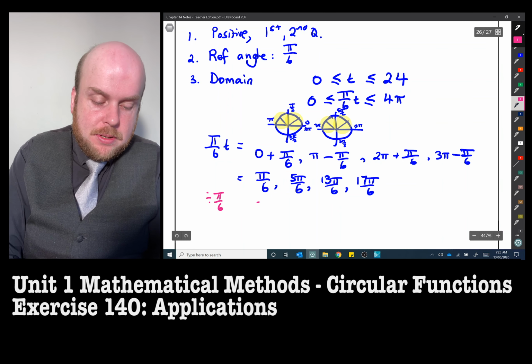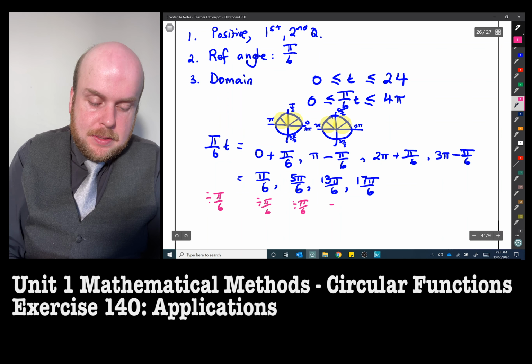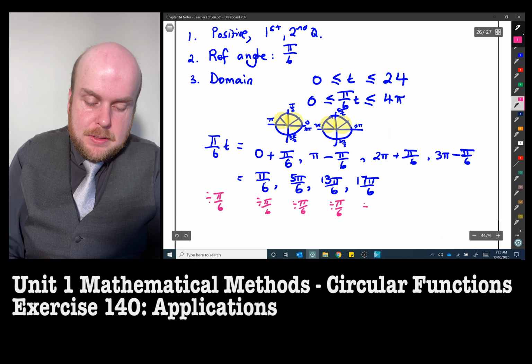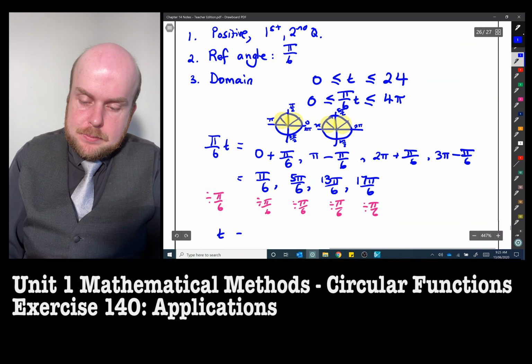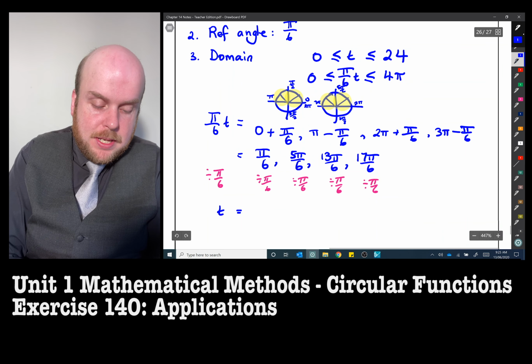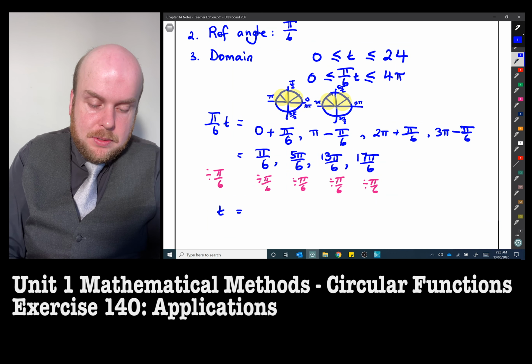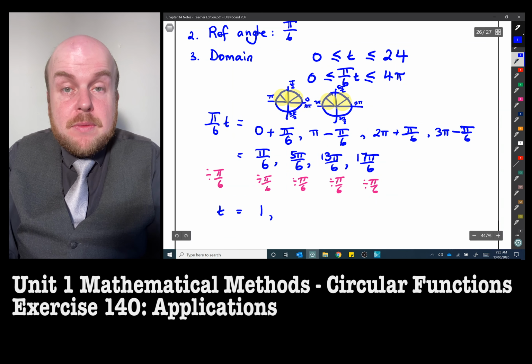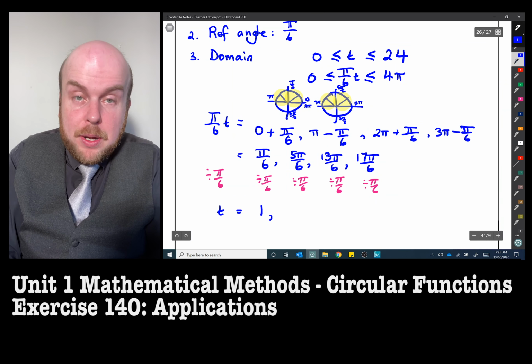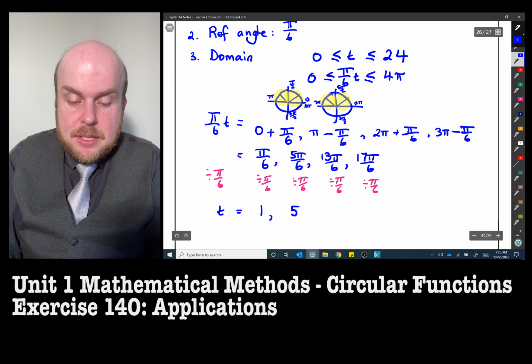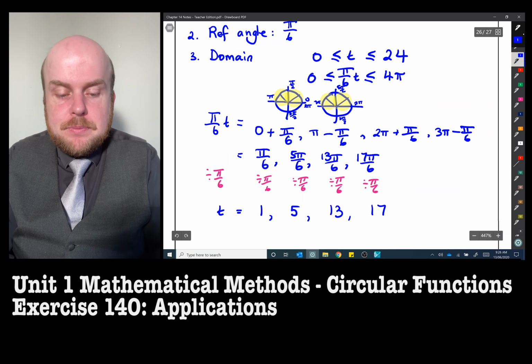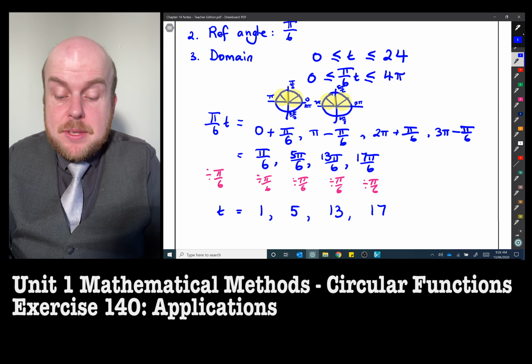All we need to do is divide everything by pi on 6. So t is equal to: pi on 6 divided by pi on 6 is 1, 5 pi on 6 divided by pi on 6 is 5, 13, 17. So now we found the t values.